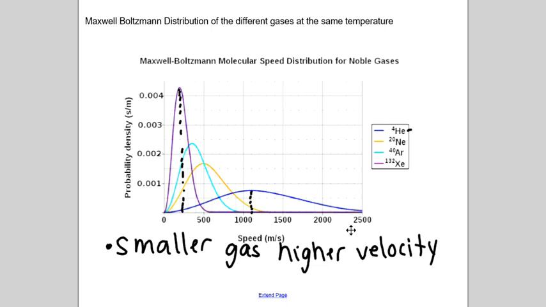So these are all the same temperature now, but because helium is the smallest and lightest of these gases, that temperature would put it at a higher overall velocity. The heaviest gas is this one right here, which is xenon. And then as you get lighter and lighter, you have more and more particles that reach these higher speeds.